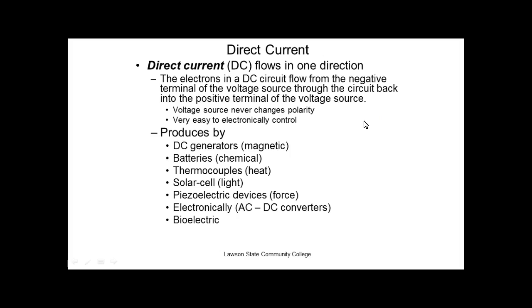DC is produced by DC generators, batteries, and thermocouples. These produce DC with heat. Solar cells. Everybody sees these solar cells all over the place, right? Piezoelectric devices. If you're a smoker or you've got an electric cigarette lighter, one that you pop, you're looking at the piezoelectric effect.